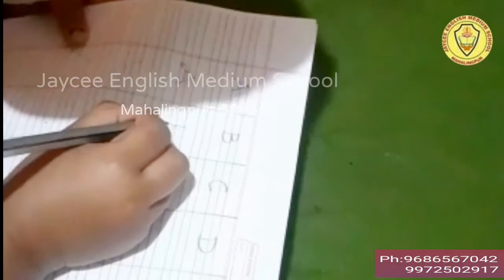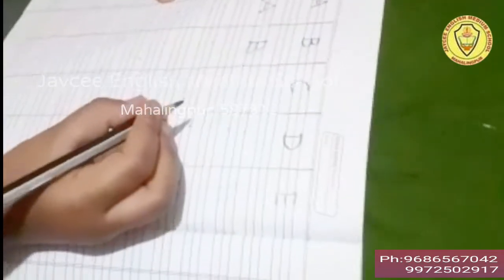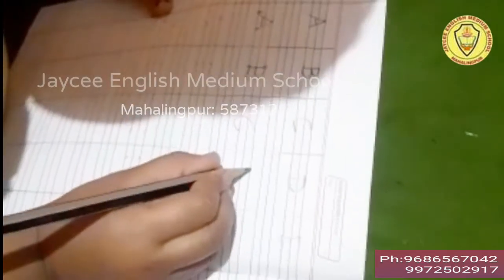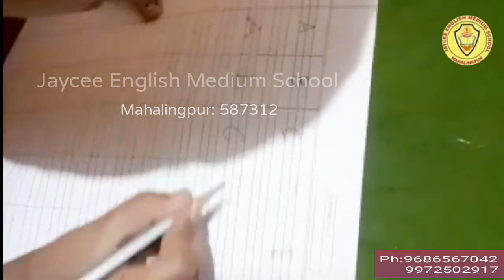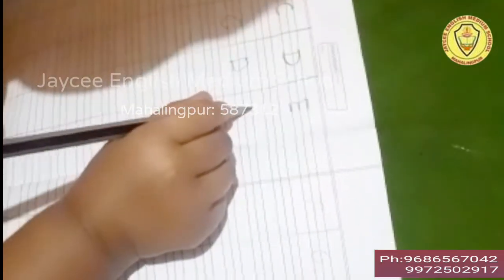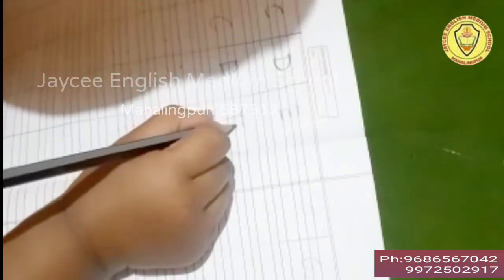B for apple. B for ball. C for cat. D for dog. E for elephant.